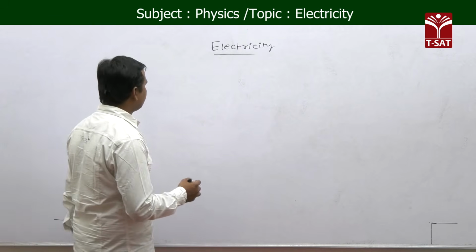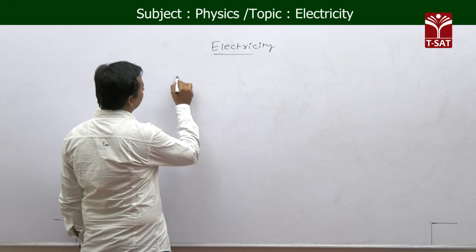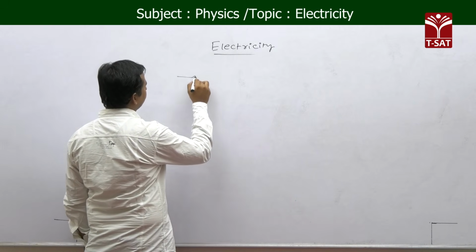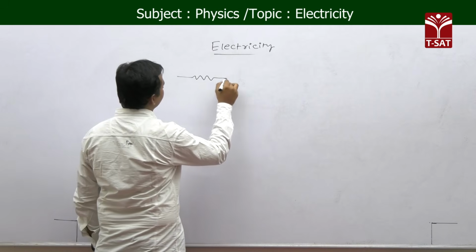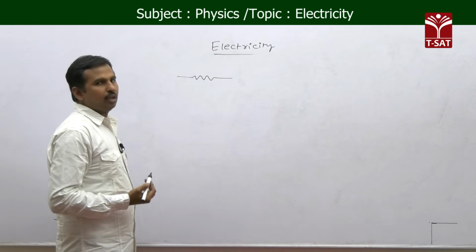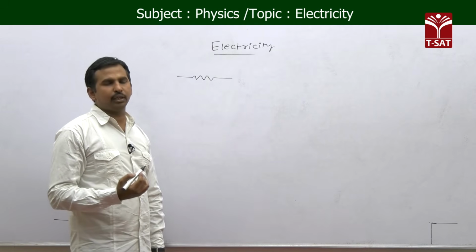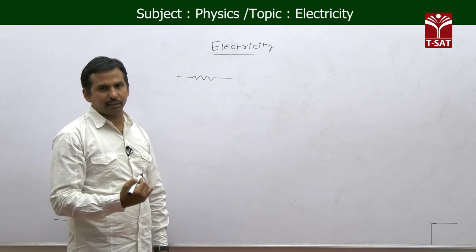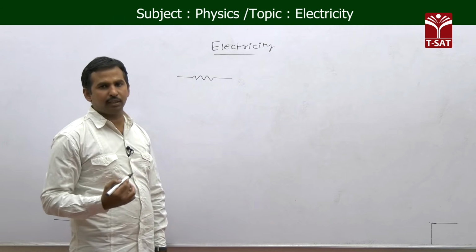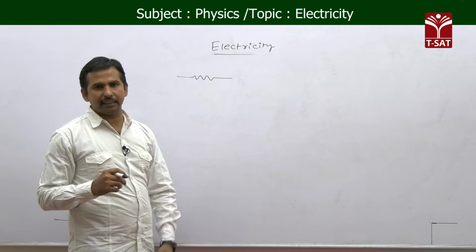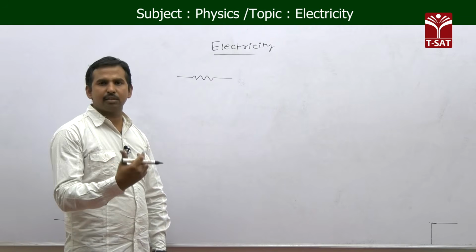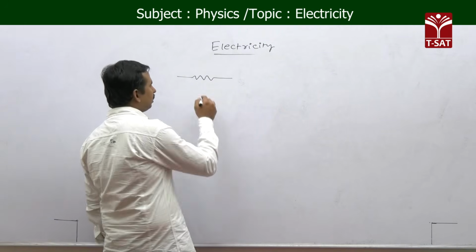The symbol for resistance is like this. Now we join these resistances one after another. One after another here is like increasing the length. If the length increases, the resistance also increases. That we will see now.